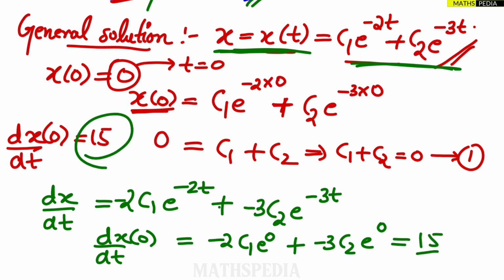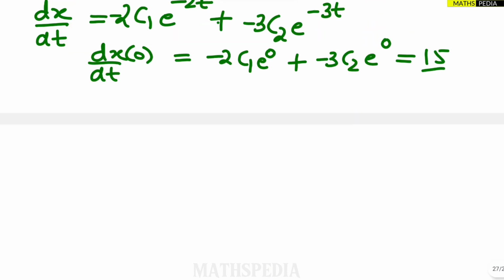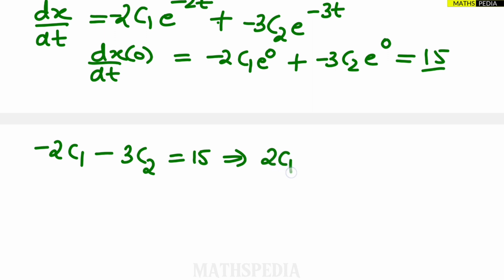So the equation you get here is minus 2c1 minus 3c2 is equal to 15, or in other words you can write it as 2c1 plus 3c2 is equal to minus 15, multiplying both sides with a minus sign. This is the second equation.